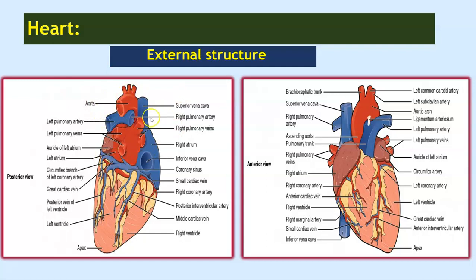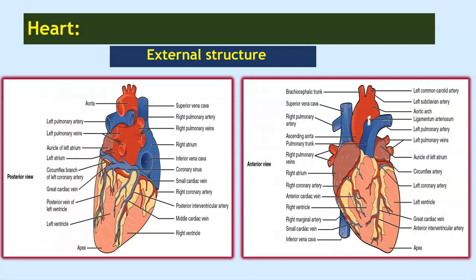So here you have this aortic arch being formed. It is a remnant of the embryonic duct called ductus arteriosus. Now this aortic arch gives out three arteries, which are your innominate artery, left common carotid and the left subclavian.